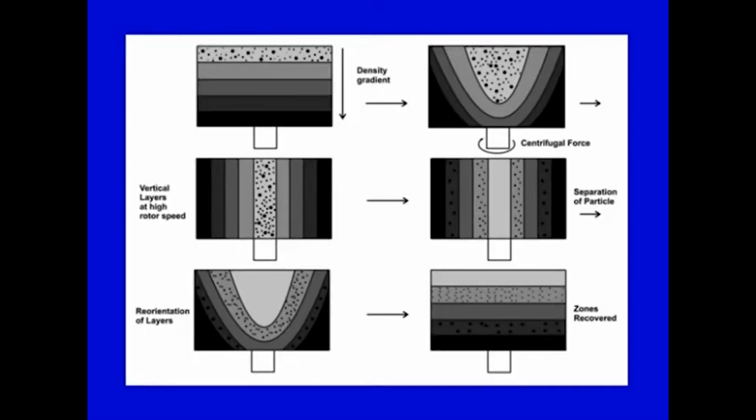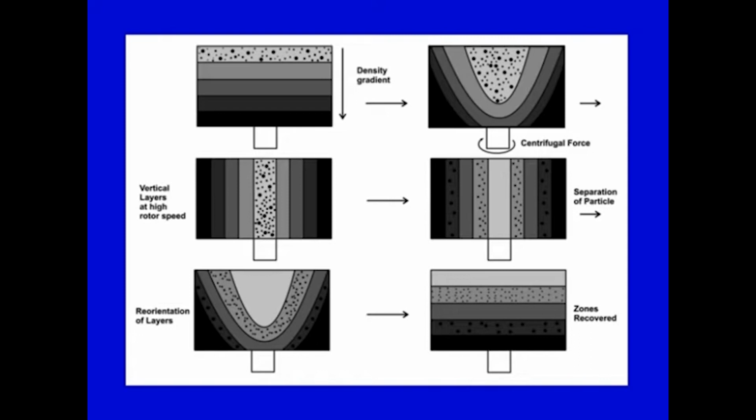So, what is done, as you can see on your screen. First, the sample is layered on top of the gradient, and you can see the gradient here. The densest material of the gradient is here, and the lighter side of the gradient is this, and the denser side is this.